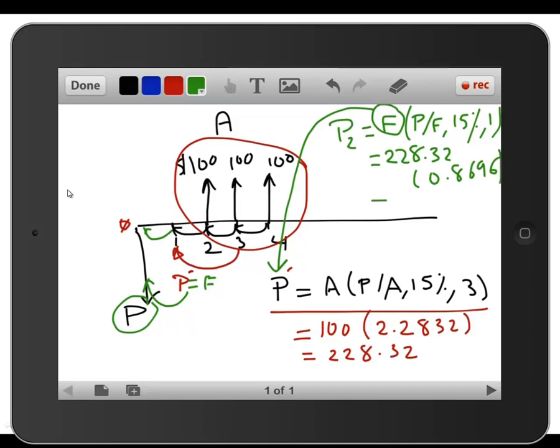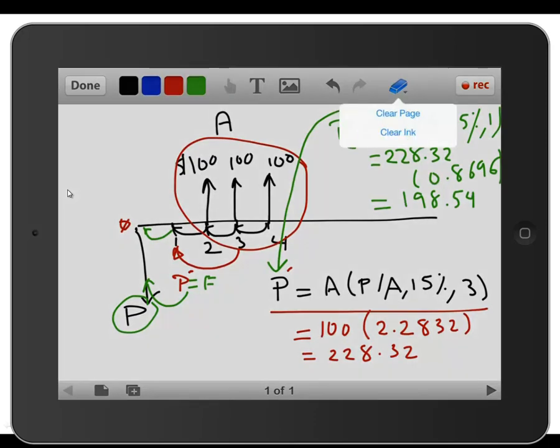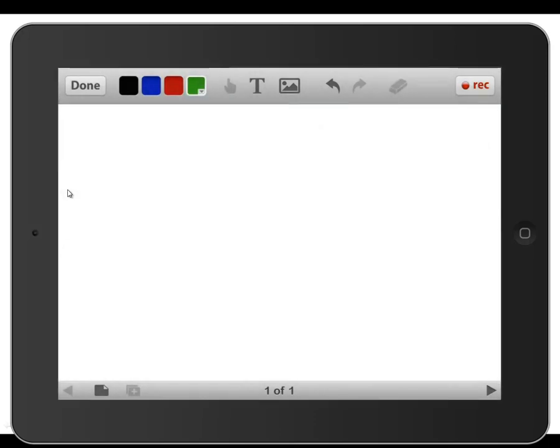So we multiply by that and we will get P for the second group, which will equal 198.54. So that will be the second one. Now I have the P for the first group, which is the 50, and the P for the second group, and we can go for the third group.